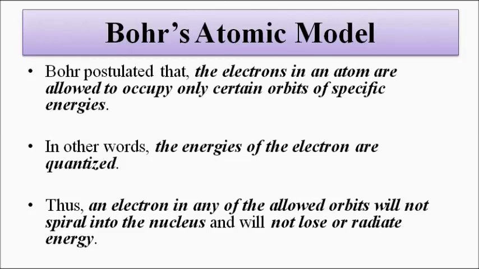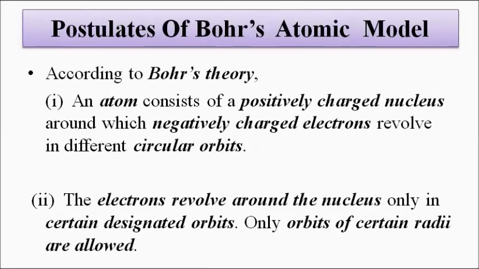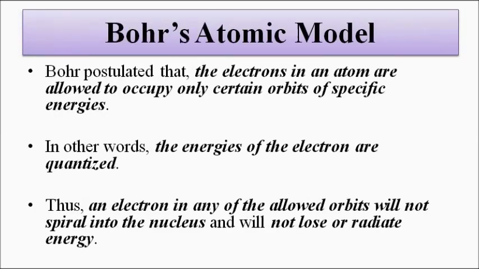Taking it forward, Niels Bohr postulated and put forward the Bohr's atomic model. Bohr said that the electrons in the atom are allowed to occupy only certain orbits of fixed radius.